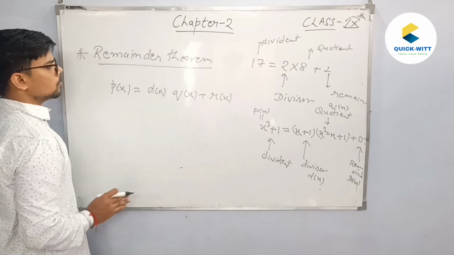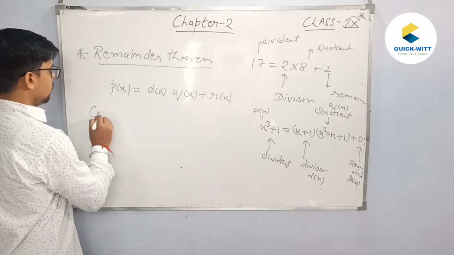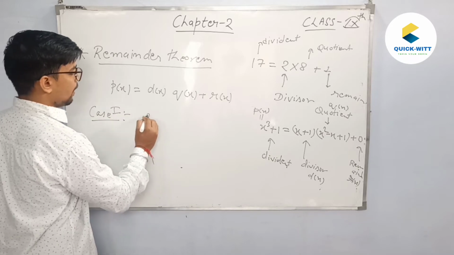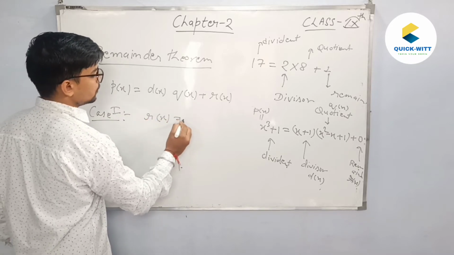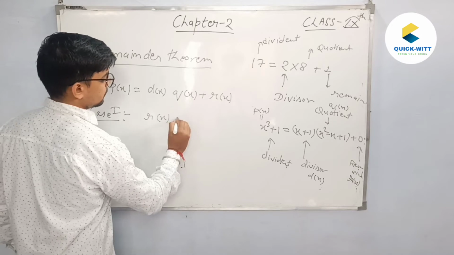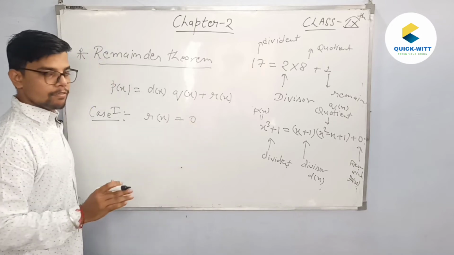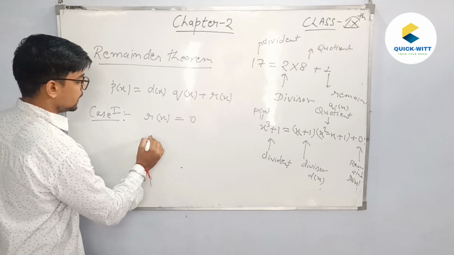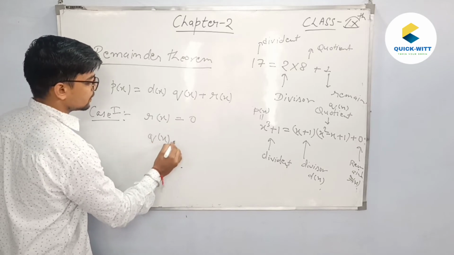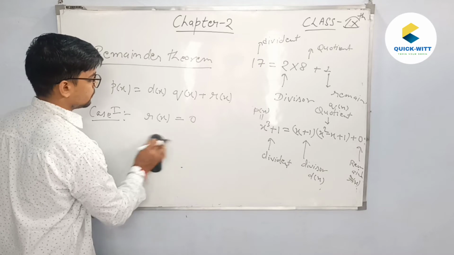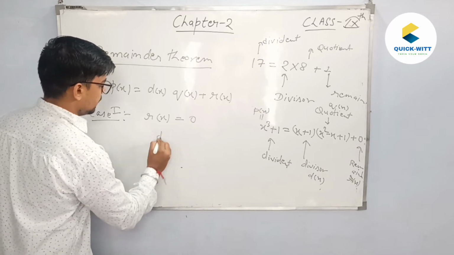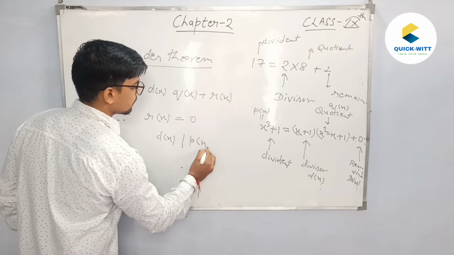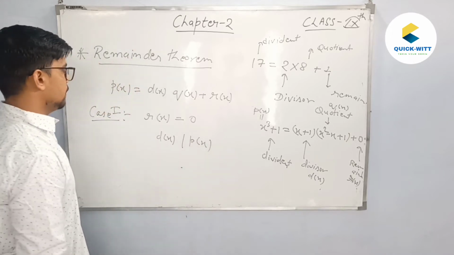And the same concept, case 1, if r(x) equal to 0, if our remainder term is 0, then what we can say is that d(x) divides p(x).